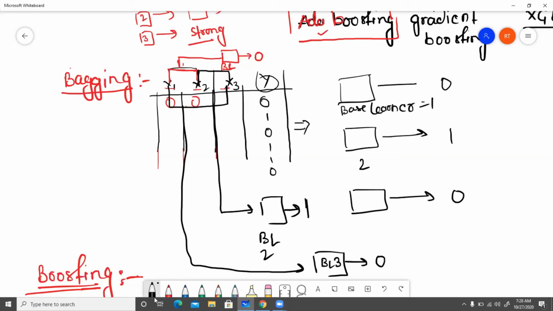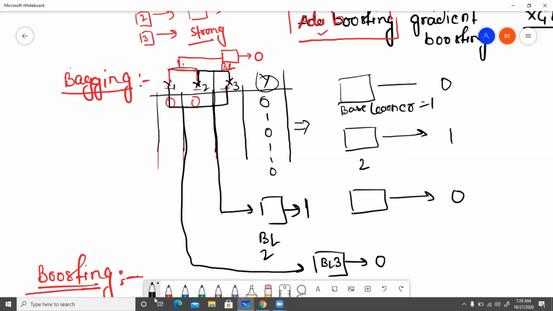In the case of bagging techniques, one of the famous interview questions is: what is the difference between bagging and boosting? In bagging, each base learner is independent, but in boosting, base learners are dependent on each other. One base learner's output will reflect on another base learner. So that's one difference.